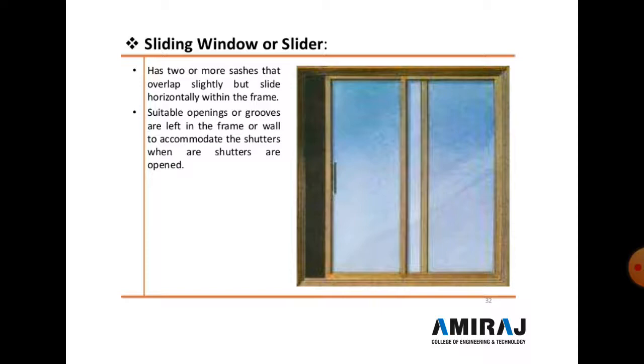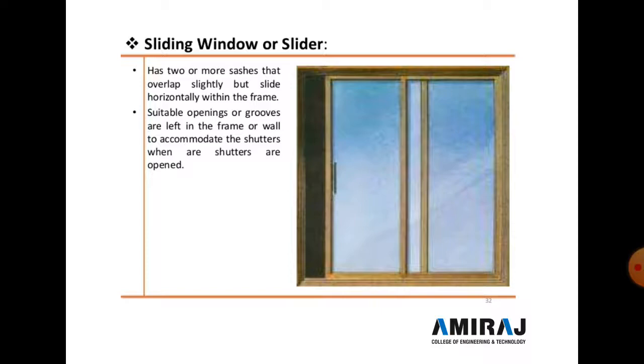from the window shutter. One of the disadvantages is that in three window shutters, only two windows are opening and one window is always closed, because all the shutters are overlapped and fixed in one particular shutter.